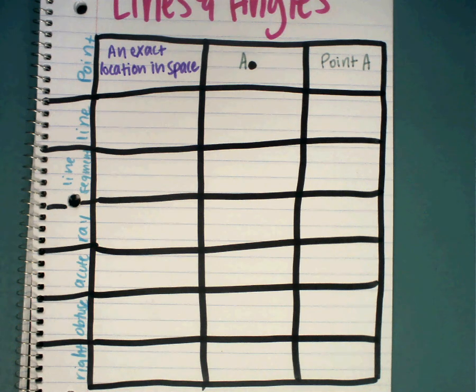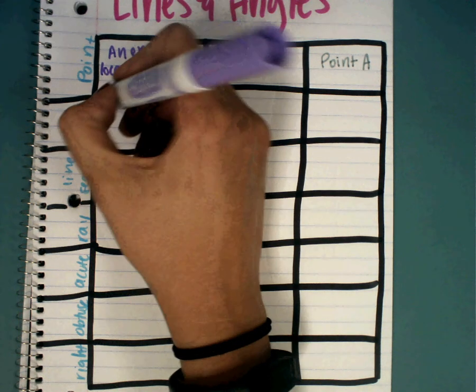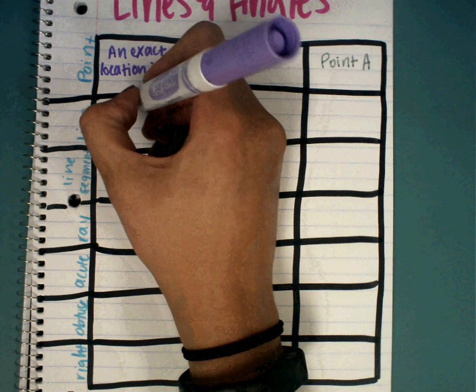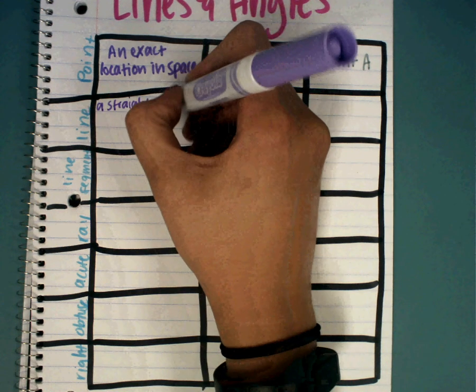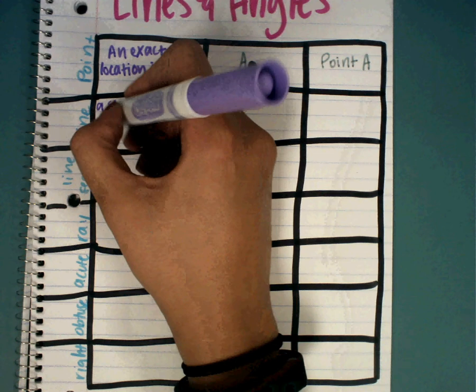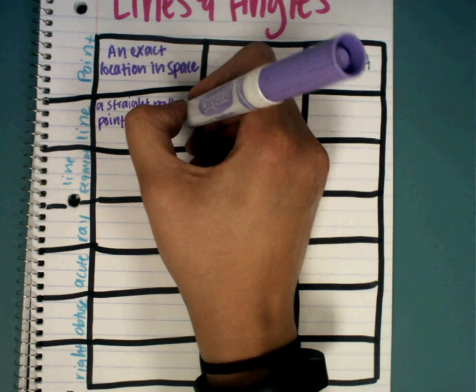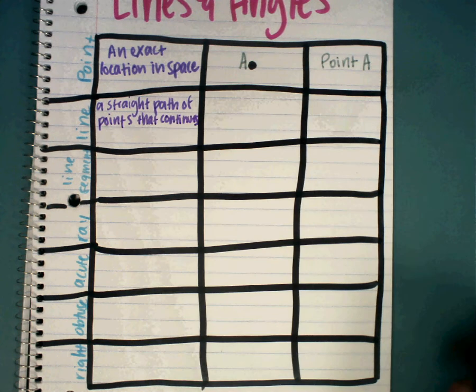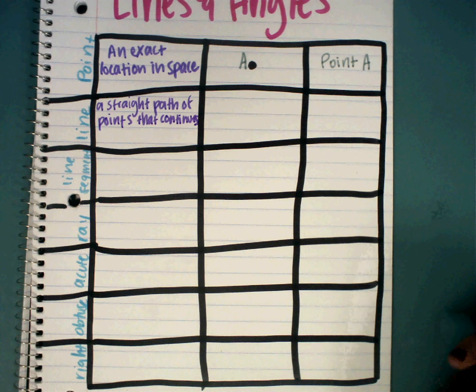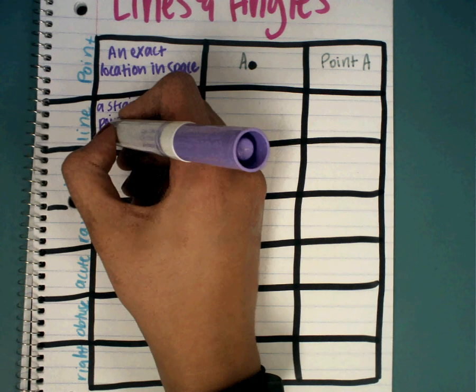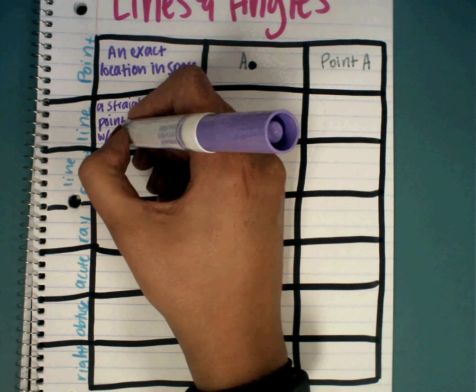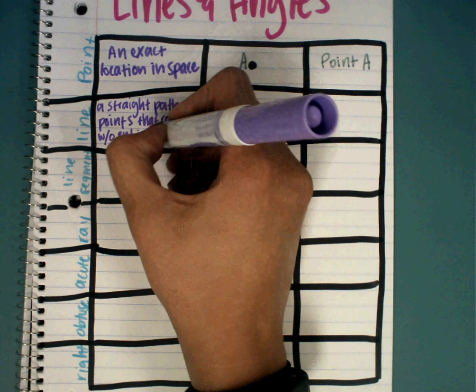A line is a straight path of points. So let's define it first. A straight path of points that continues without end in both directions. So a straight path of points that continues, kind of small, continues without, and we can abbreviate without as W/O, without end in both directions.